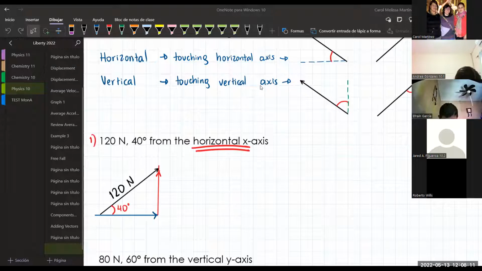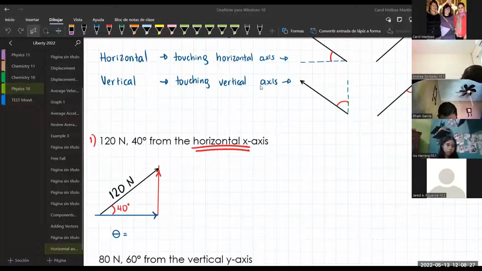Because this angle is touching the horizontal axis, what type of angle is this? Horizontal or vertical? So when it is horizontal axis, the x component is going to be with cosine, and the y component is going to be with sine.